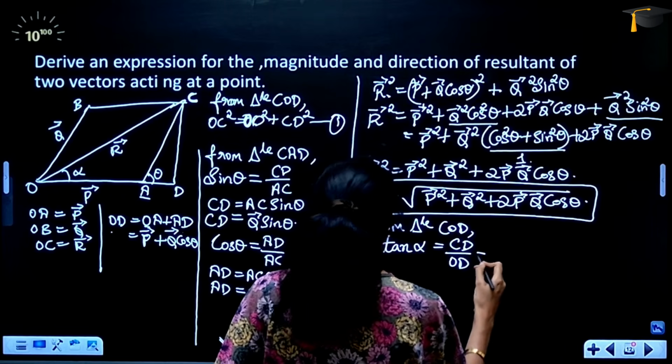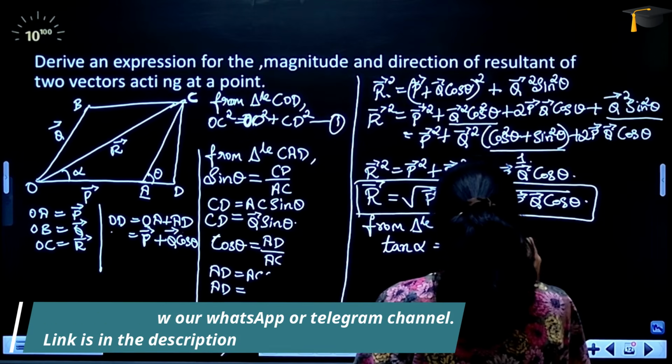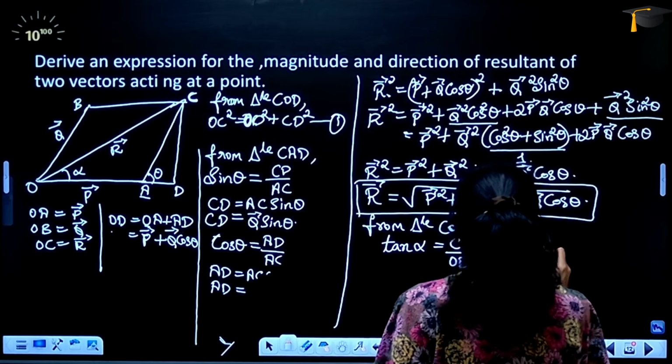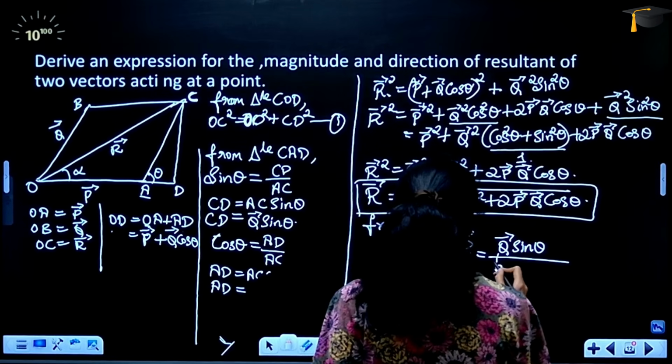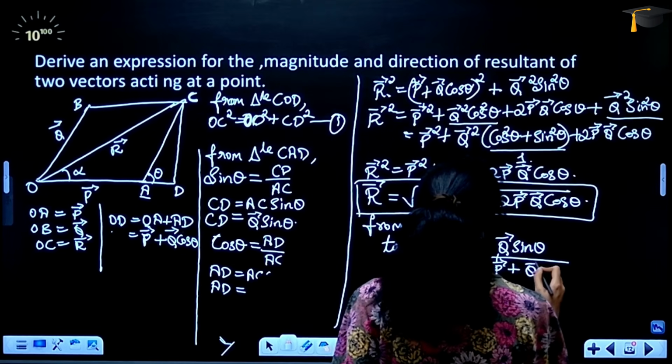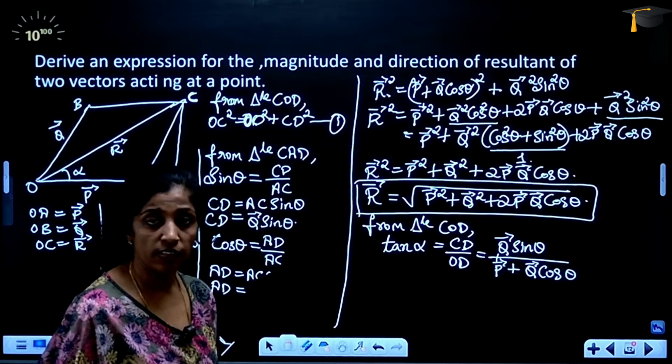Now, I've already found what CD is. Can you see here what is CD? CD equals vector Q sine theta, right? Similarly, OD will be equal to vector P plus vector Q cos theta. Now, what is alpha? Alpha is nothing but the direction.